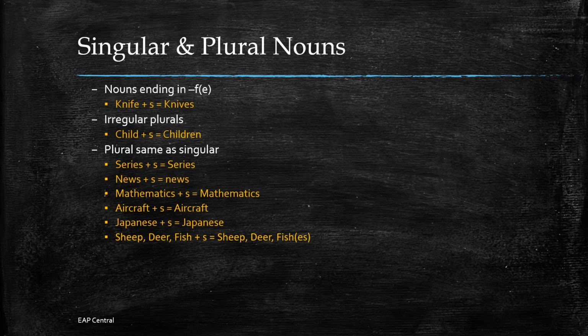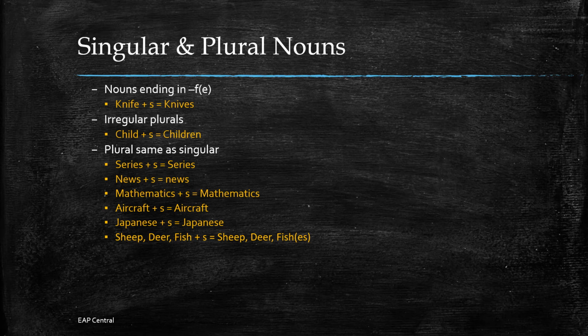Next one, there are words like sheep, deer, fish, and the names of some other living creatures, especially those that are hunted or used for food. These types of nouns have no plural. So sheep, singular, and sheep, plural.